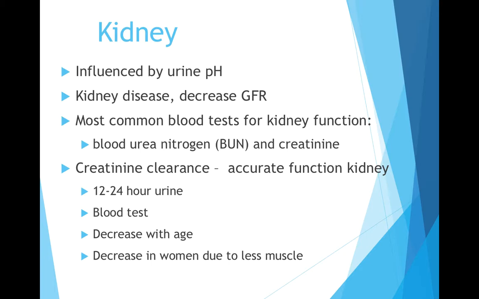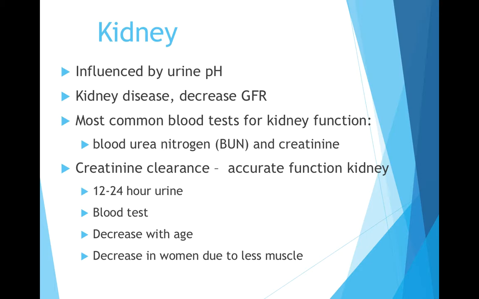So we really want you to understand these concepts. The renal or kidney clearance of drugs can be affected by the pH of the urine. The more acidic urine will rid itself of some compounds, whereas other compounds depend on alkaline. And so that's important for you to understand. We have to understand a couple of ways that we measure renal function. Most commonly the blood test of blood urea nitrogen, or BUN, and a creatinine measurement, the two of them combined, not just one and not just the other.